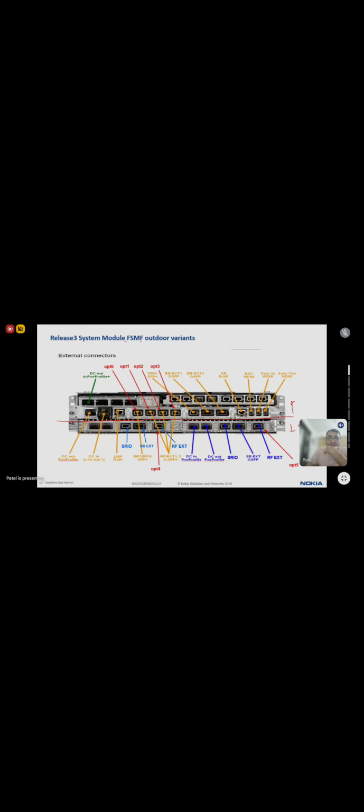Okay, in the base module we have multiple ports. This is the DC output for the power profile, and here we have the LMP port for local login to this particular FSMF.